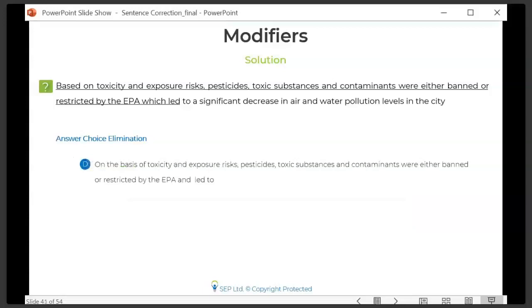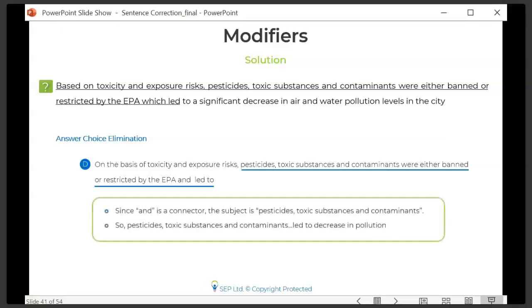So choice D. Now, if you look at this portion, pesticides, toxic substances and contaminants were either banned or restricted by the EPA and led to. Here, if I look at choice D, then and is a connector here.